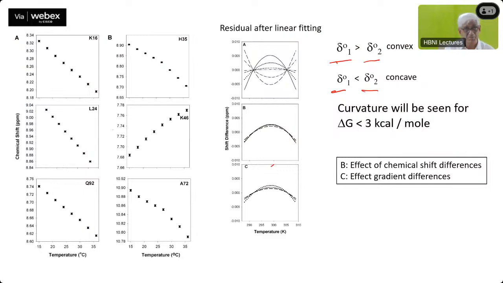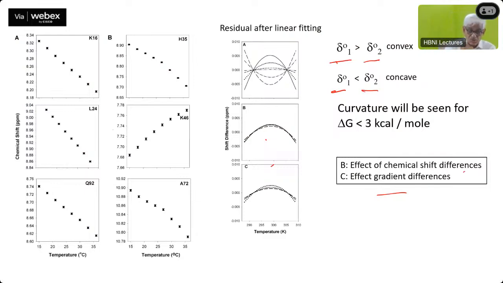And for the same chemical shift, if you change the gradients, G1 and G2, here you change delta 1 and delta 2 in this case, and if it is the gradients G1 and G2, how does it affect these residual chemical shifts? So these are called the curved temperature dependence, and this is the curvature. The extent of curvature reflects the exchange contribution. How much is the exchange between these two states, or the populations of the two states?